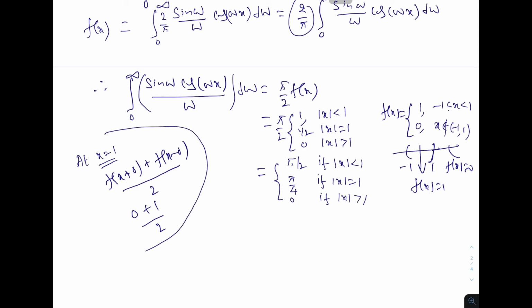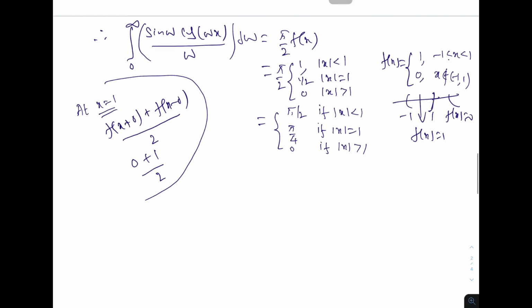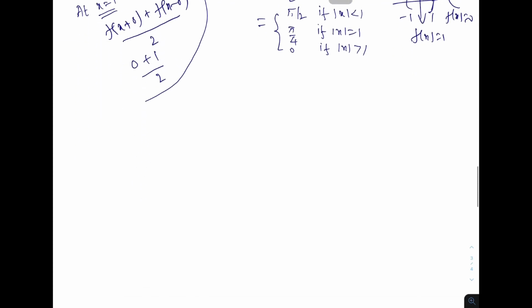That is the value of this integration. So at the point of discontinuity, we need to take the left value and right value and divide by 2. Okay, so this is the answer. Next, let us take one more example.